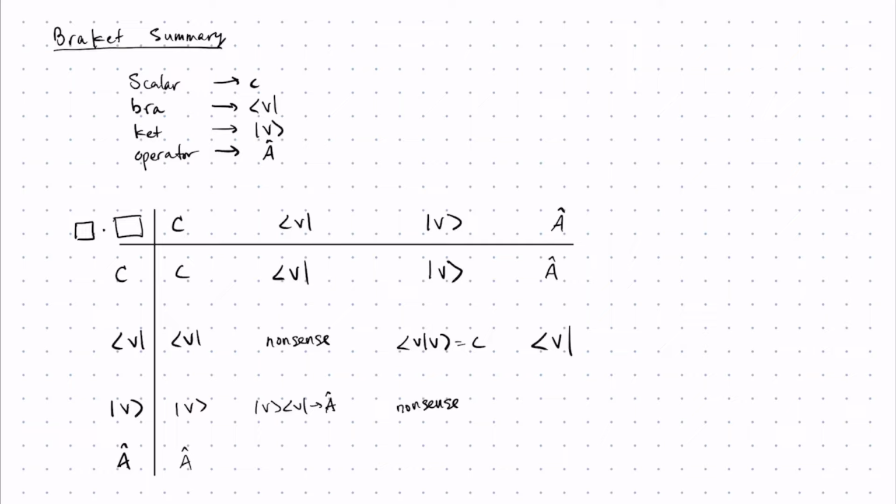And for the last entry here, having a ket times an operator is actually also kind of nonsense because everything is pointing the wrong way. Because an operator has to act onto the side with the vertical line, this is also effectively nonsense.